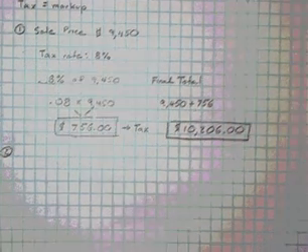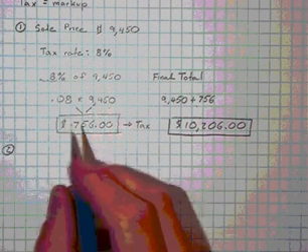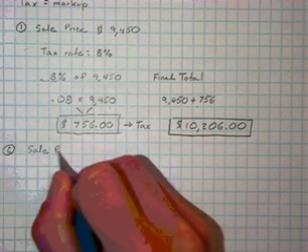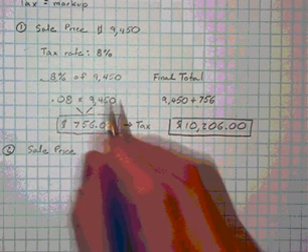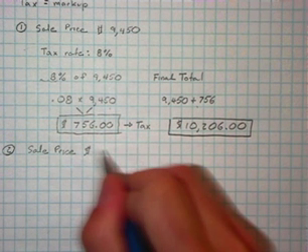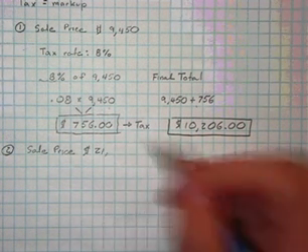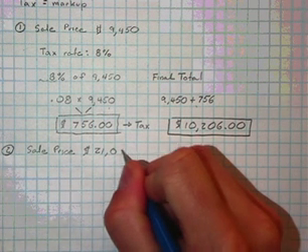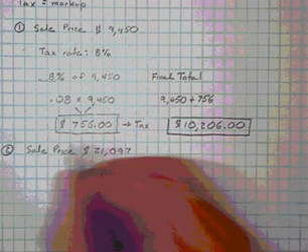Let's try another one. Let's buy a car. We've negotiated the price down to $21,097.